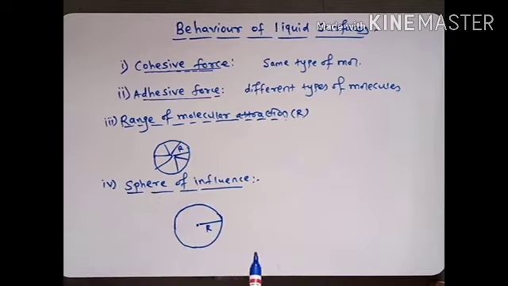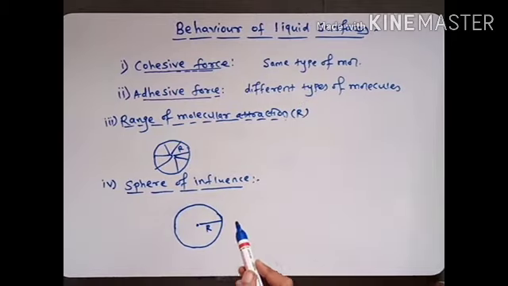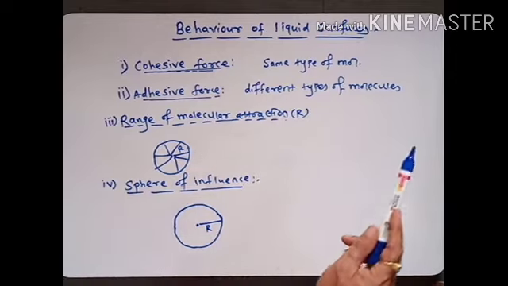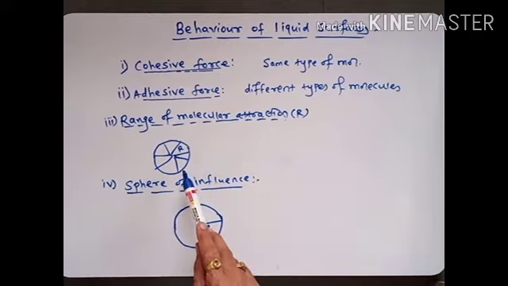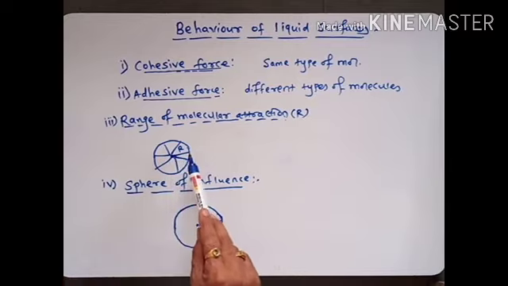We use all these definitions to explain the behavior of liquid surfaces. Cohesive force is the force of attraction between the same types of molecules, adhesive force is the force of attraction between different types of molecules. Third, range of molecular attraction is the maximum distance around the molecule up to which the intermolecular force is effective.